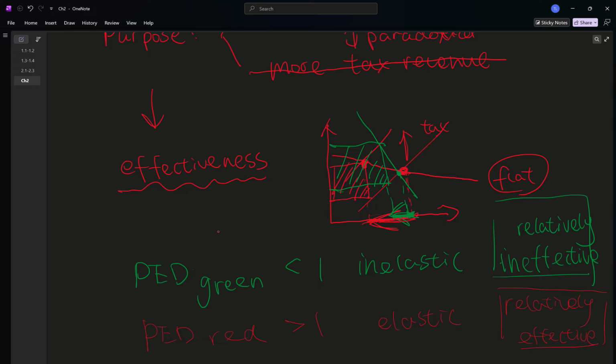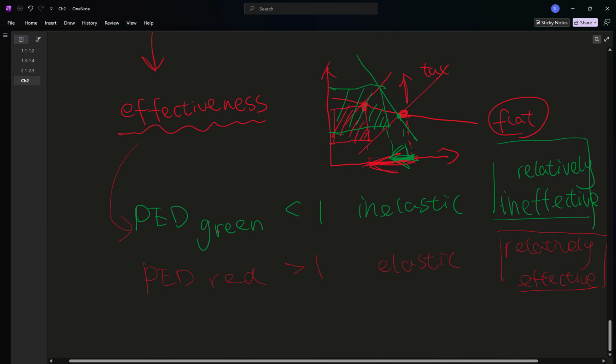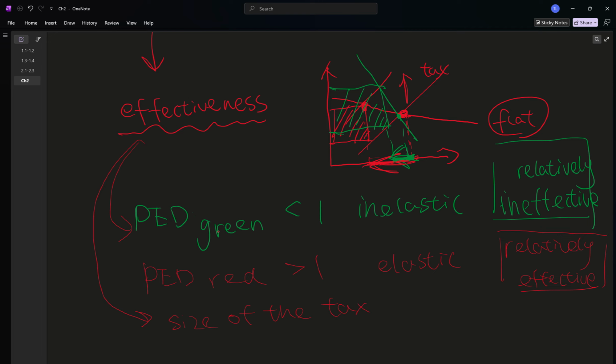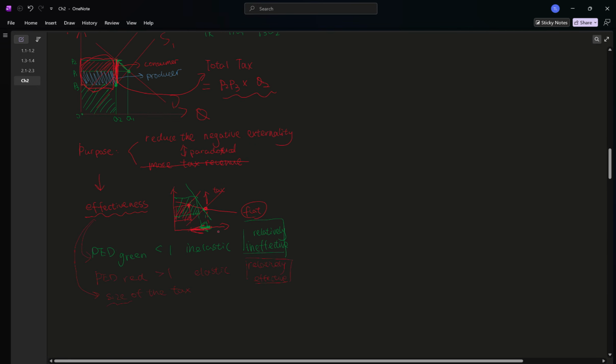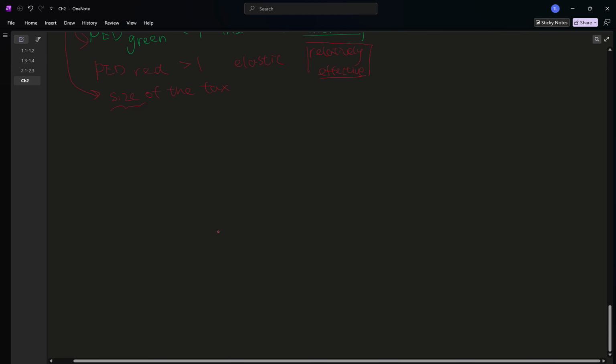So this is the relationship between the effectiveness of indirect tax and the PED. I just want you to know that. It is related to the PED, and it is also related to the size of the tax, obviously. If you have a larger tax, it reduces the consumption by more, which is quite obvious. Okay, so this is about the indirect tax part.